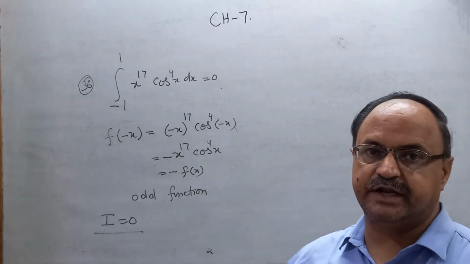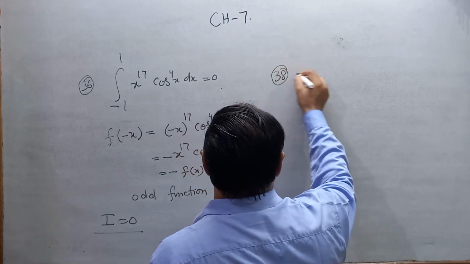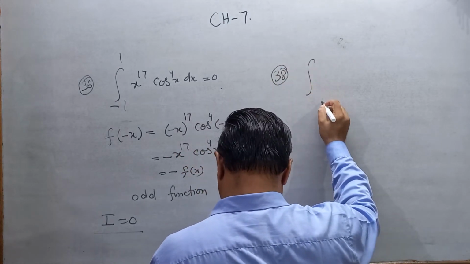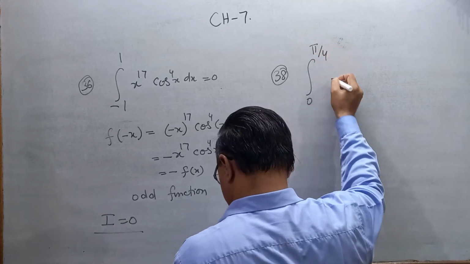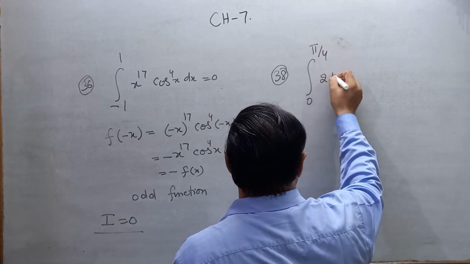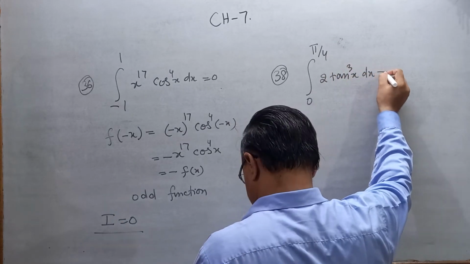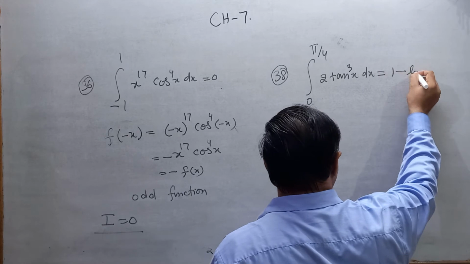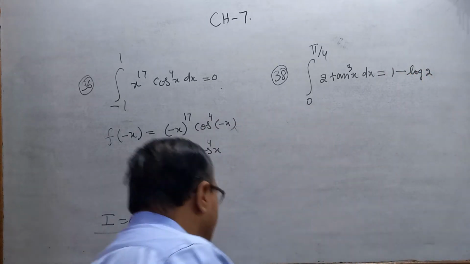Next, question number 38. Integration from 0 to pi by 4 of tan cube x dx. Prove that this is equal to 1 minus log 2.